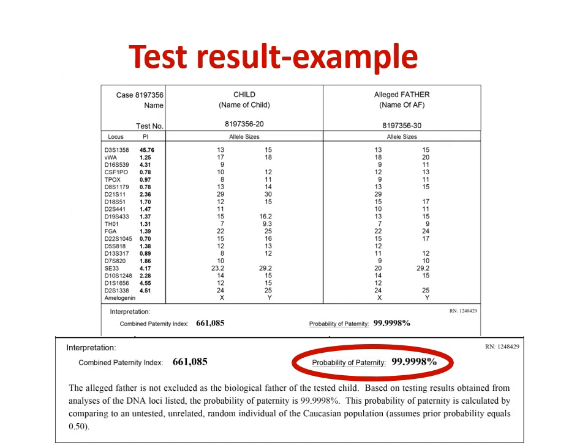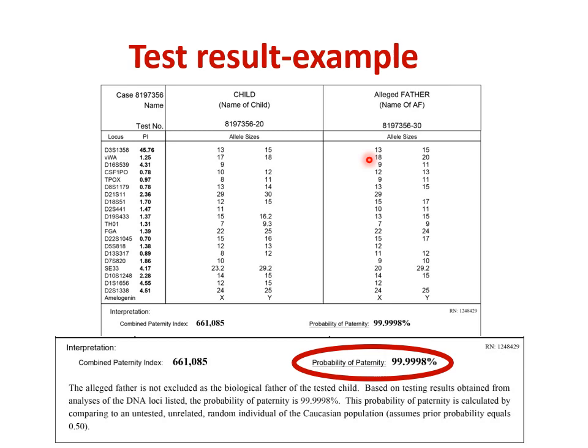And here we have an example of a positive paternity test. So you can see the probability of paternity is close to 100%. And again the same analysis, but this time the number of repeats which is found in the child's DNA, you can also find in the potential father's DNA.